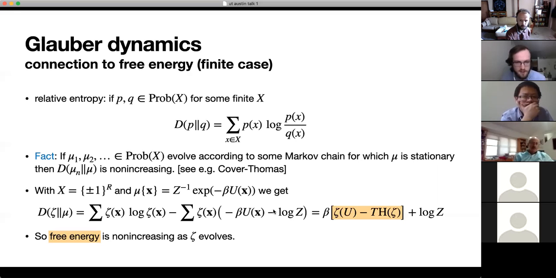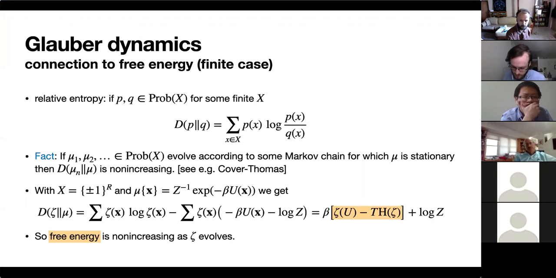If you don't know what that is, then just don't worry about it. And I guess some authors will also call this the relative entropy density, or will use the relative entropy density instead of the free energy density. Maybe it's more accurate.